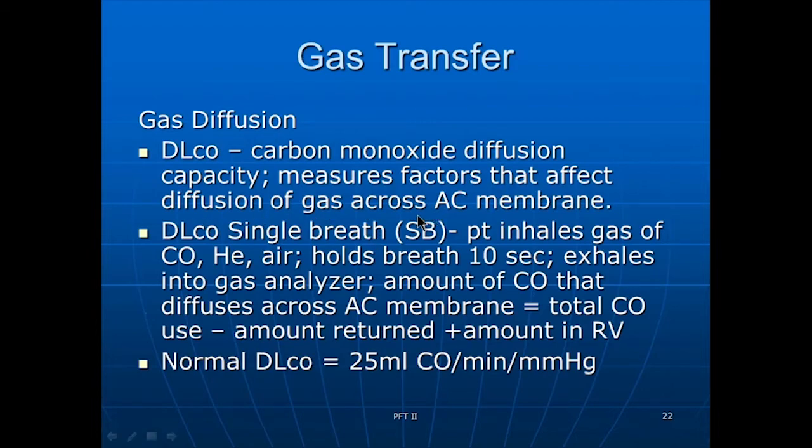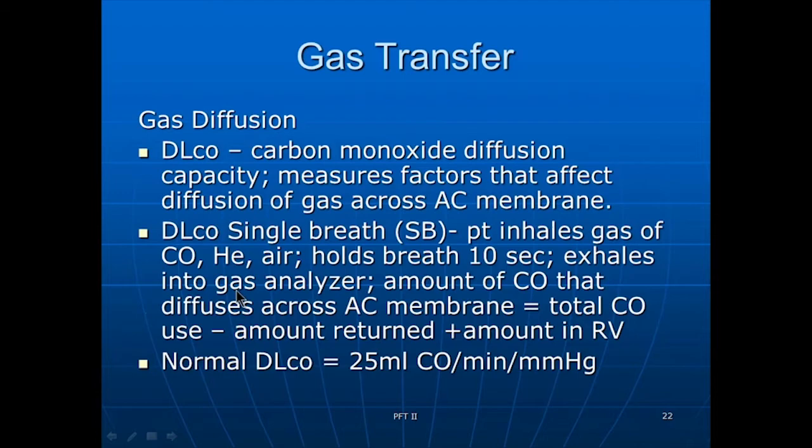They have the patient breathe normally. Then they have the patient inhale the gas as quickly as possible, all the way up to their inspiratory capacity. So they take a very large, deep breath of this mixture, and then they hold it for 10 seconds.